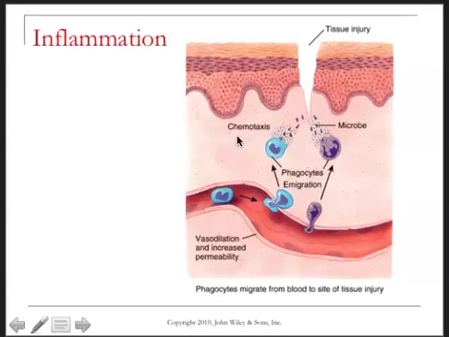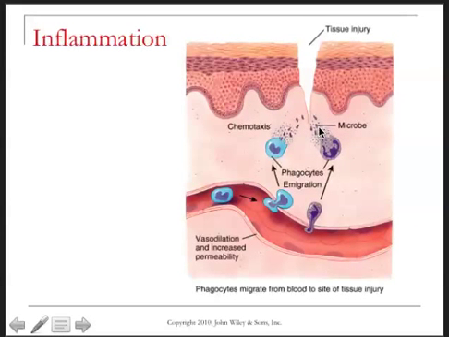And so this is just showing you the inflammatory process. You have here tissue injury resulting now in the release of chemical signals that attract white blood cells directly out of the circulation. They're drawn to the area. They then engulf any disease-causing organisms.